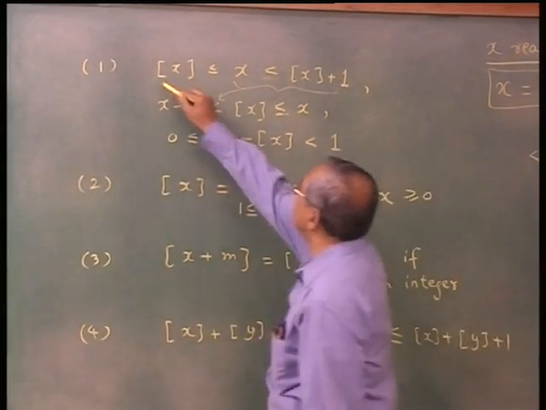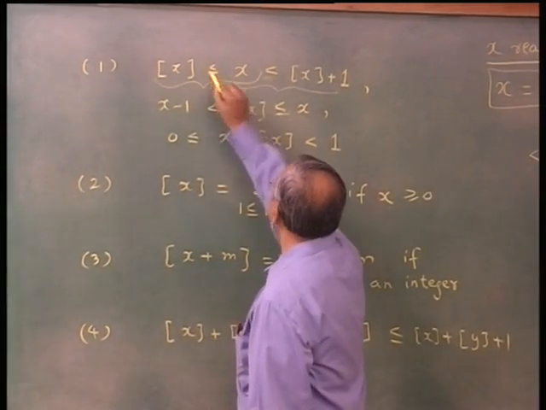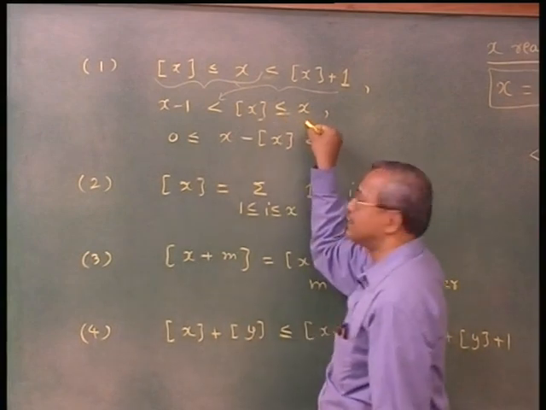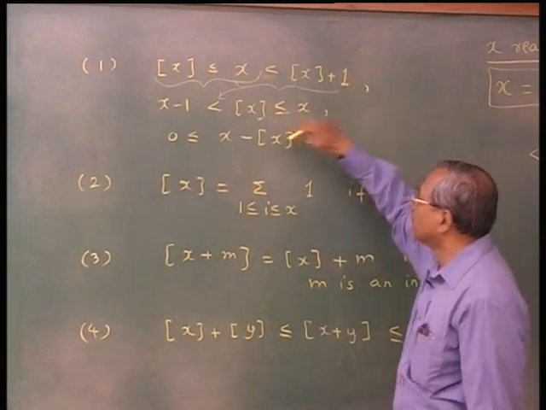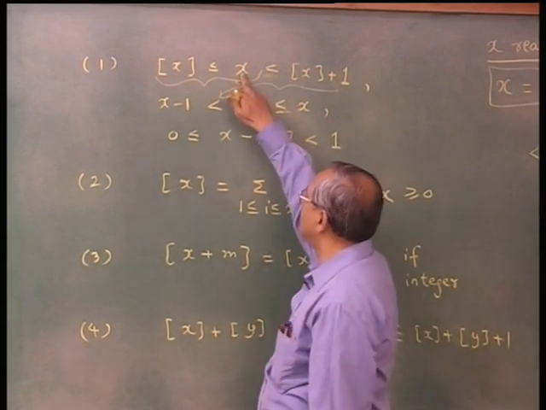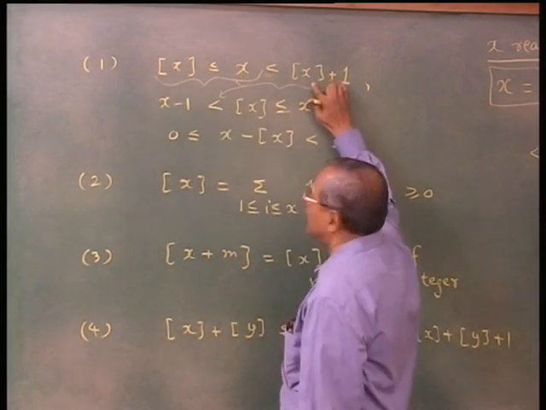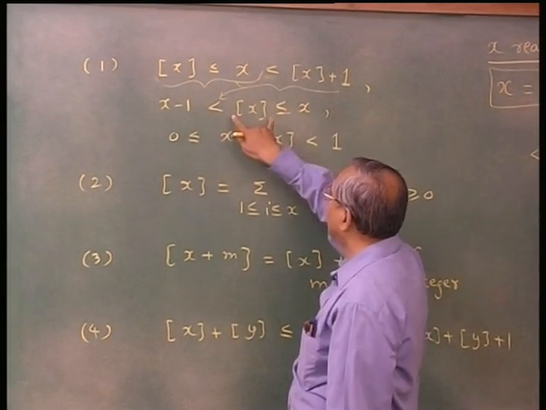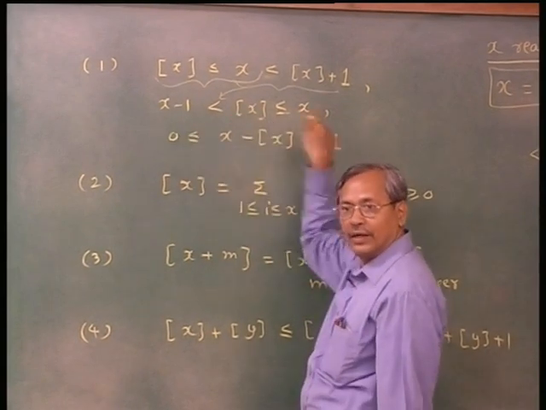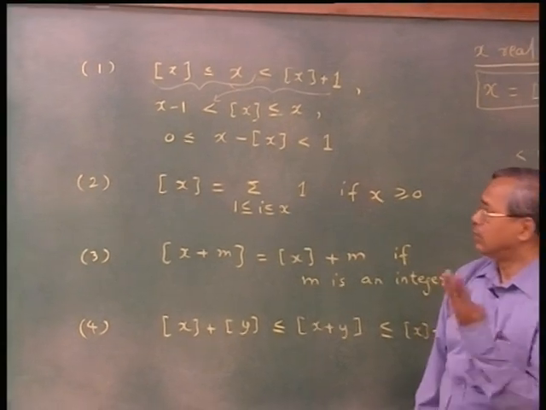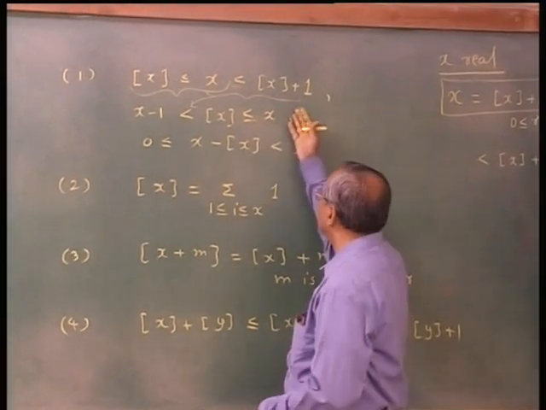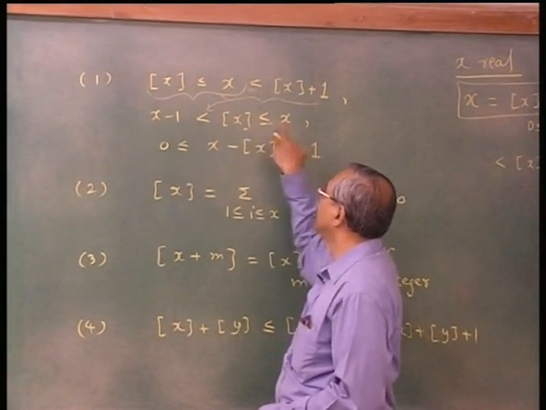And this thing is just written over here, the integral part of x less than or equal to x. Here the integral part is written in the center and it is compared with the real number x. What is the lower bound, what is the upper bound for this in terms of the real number x?